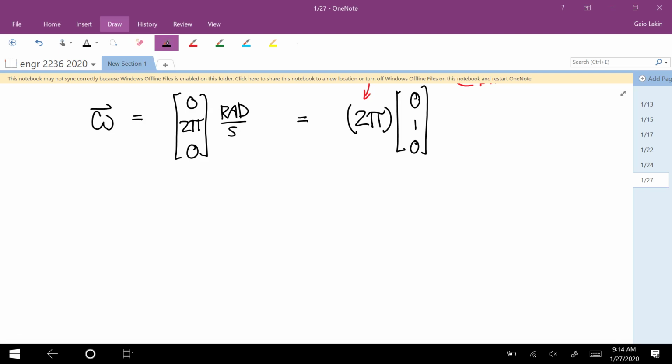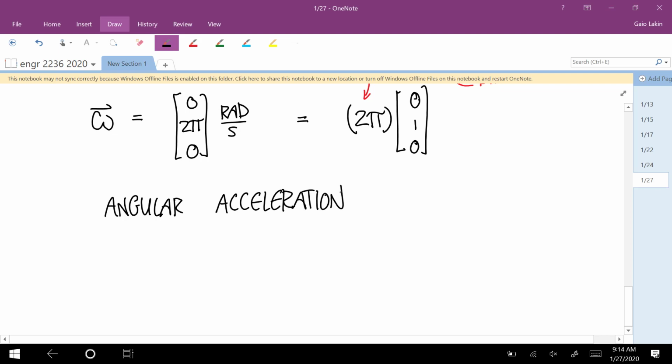Okay, so before we do that, let's define angular acceleration. Angular acceleration, and the symbol for that is the Greek letter lowercase alpha, and that's also a vector.